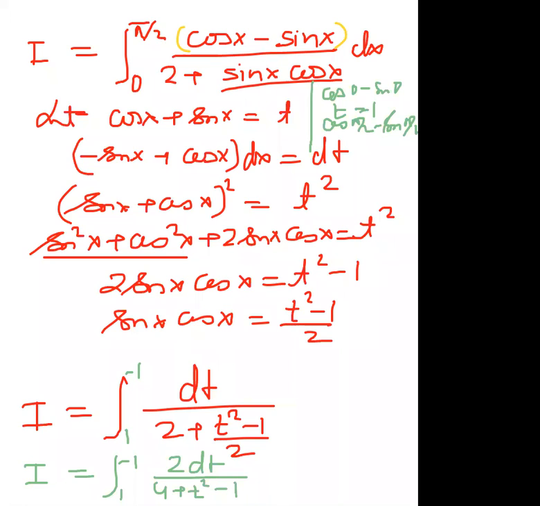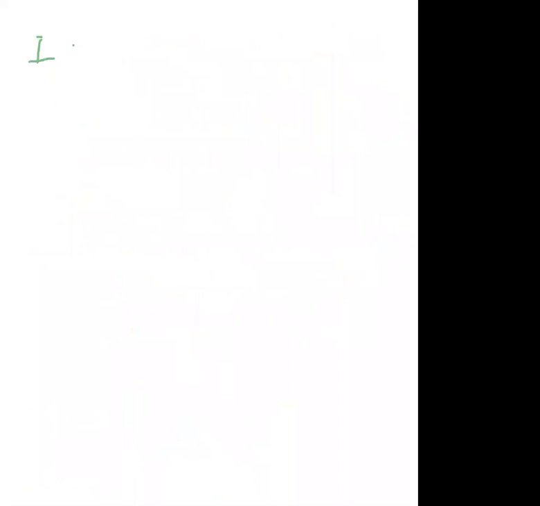Next slide. 2 dt upon 3 plus t square. Okay, now we need to simplify this.